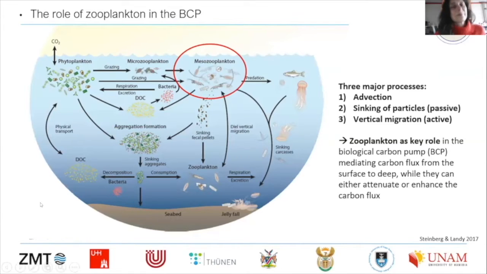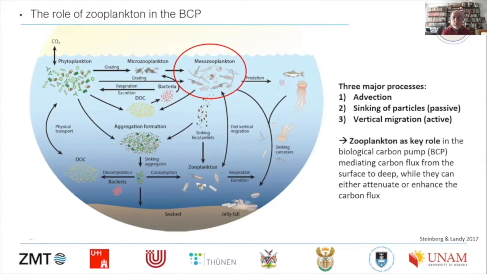Okay. So what is the biological carbon pump? Without it, the atmospheric pressure of CO2 would be around 200 parts per million higher than it is currently estimated. So it plays a huge role within the global carbon cycle.